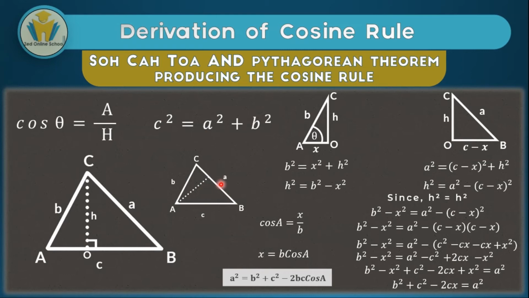If this side here bears the expression a minus x, then you'll be making c the subject. If you get a different altitude, maybe one coming from B going to AC, it means you can have c or a as your subject depending on where you place your expression of b minus x.